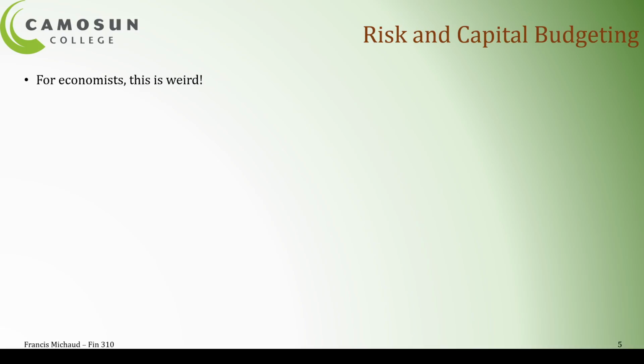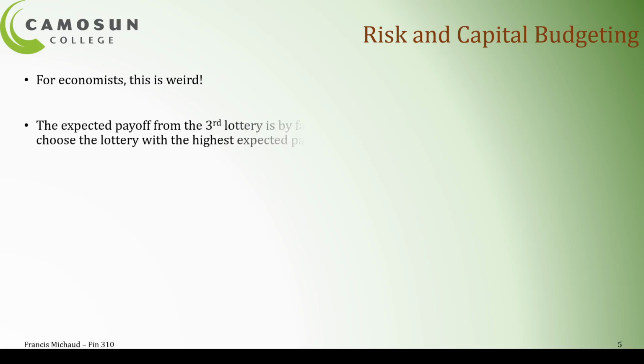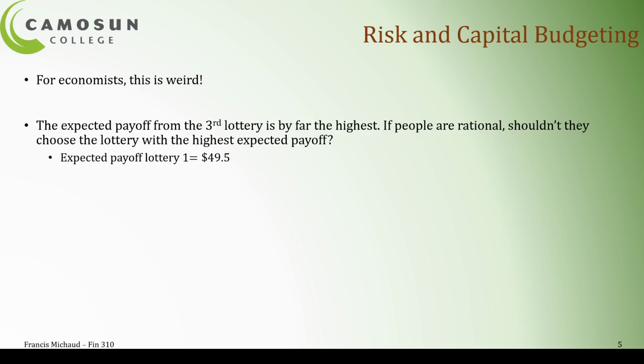Why? Well, because the expected payoff, the average payoff, and I know we didn't talk about how to calculate the expected payoff for a lottery yet, but the expected payoff for the first lottery is just $49.5. So if you participate in the first lottery, you'll get $49.5 on average, right? In truth, you'll either get $100 or you'll pay me 50 cents.